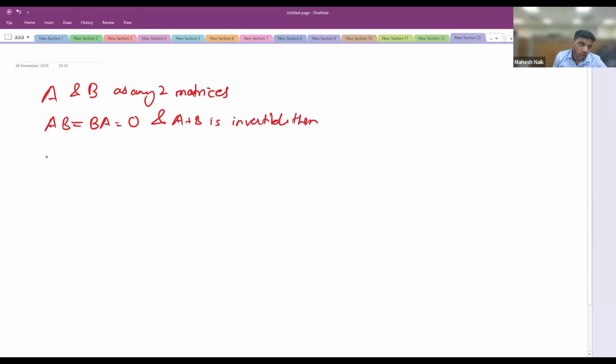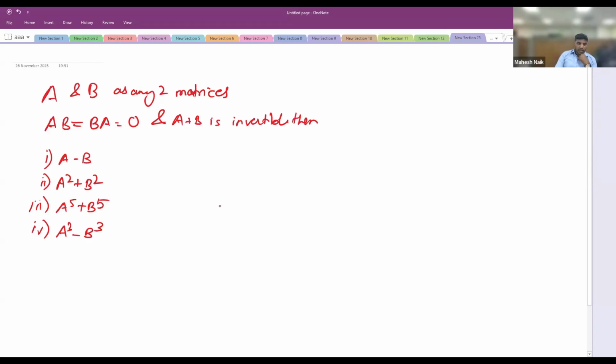Then which of the following are invertible? A minus B, A square plus B square, A power 5 plus B power 5, and A cube minus B cube.